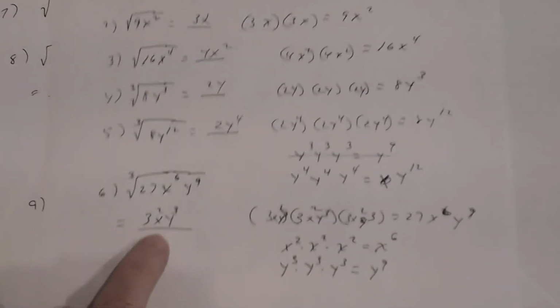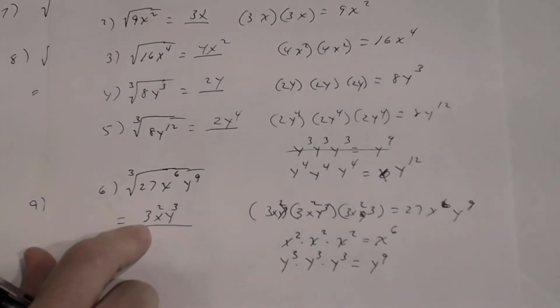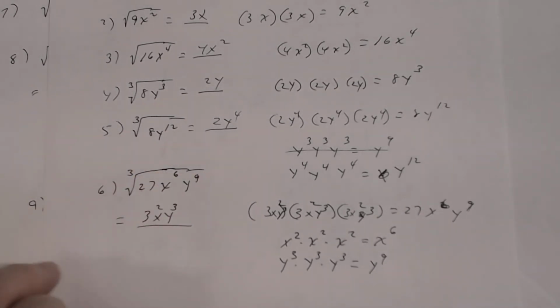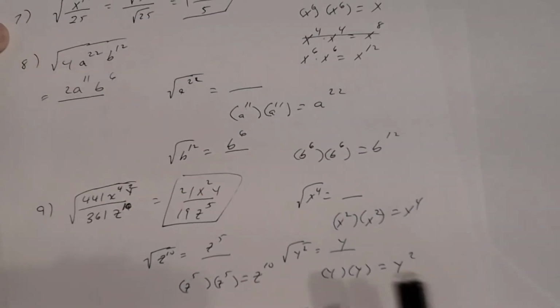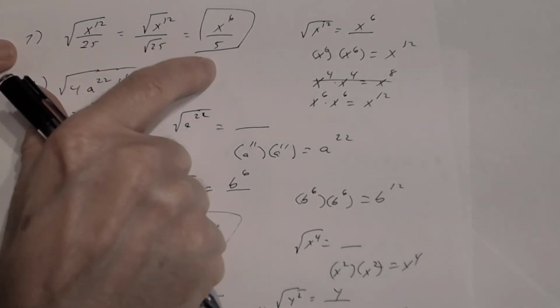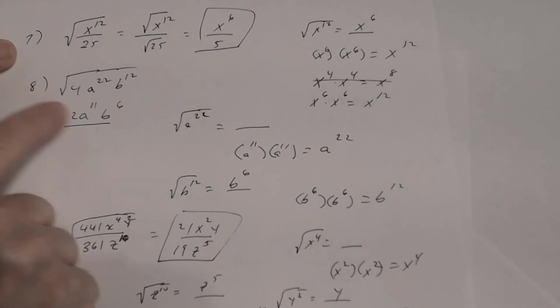Same thing here, number 6. Those were nice. I could easily take the cube root of 27, the cube root of x to the 6, and the cube root of y to the 9th. Same thing here, number 7. The square root of this variable expression was just x squared y. So that wasn't difficult.